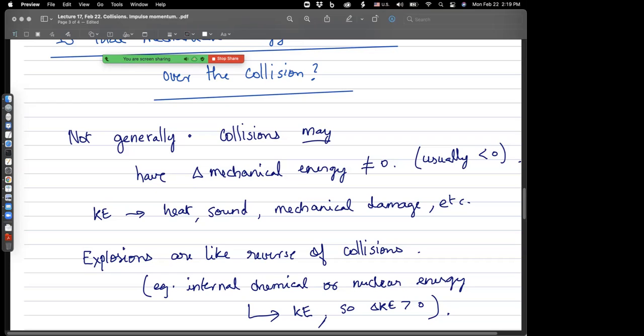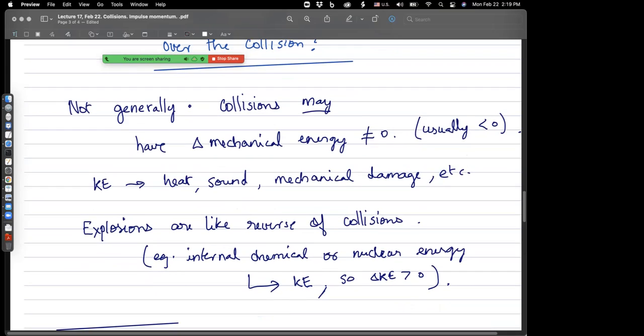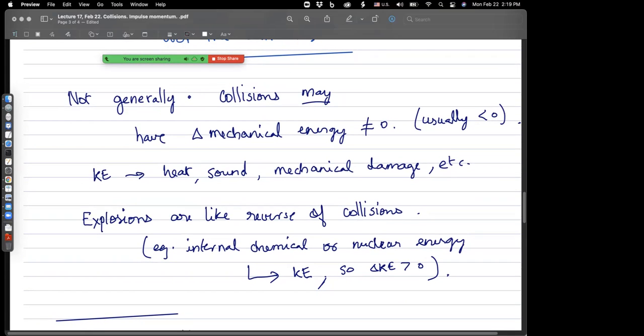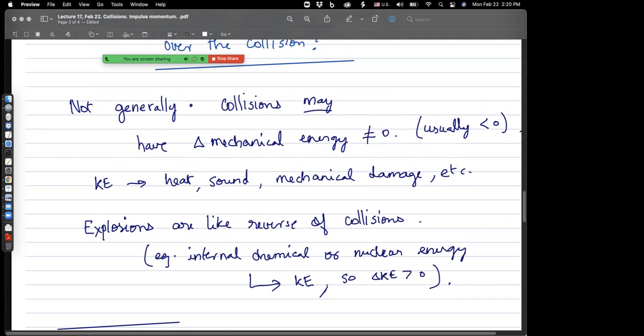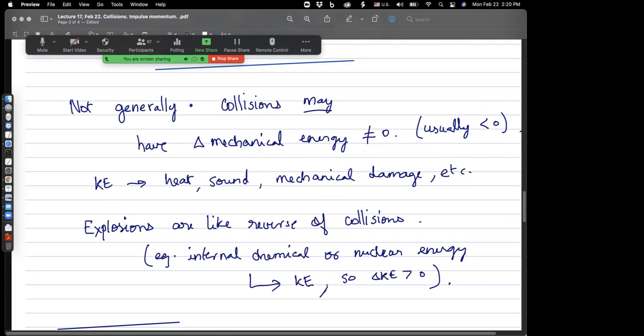The chemical energy gets converted into macroscopic kinetic energy. And of course, there may be heat, light, and so on as well. But objects that previously were not moving are now moving. So it's as if kinetic energy got generated. So here, mechanical energy goes down in collisions. In explosions, often mechanical energy goes up from before to after. Any questions?